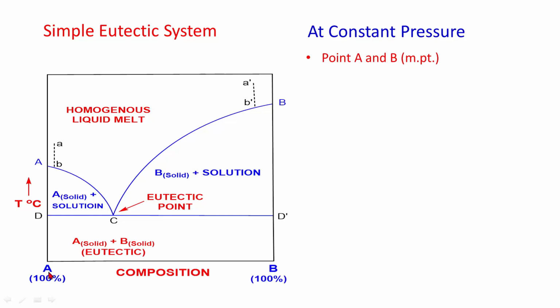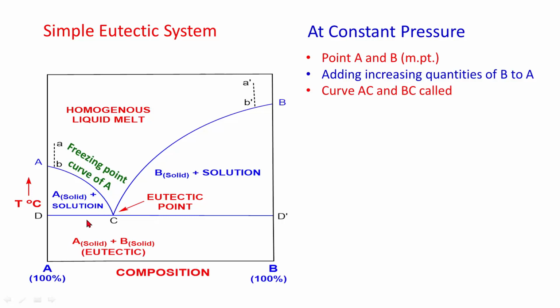Pure component A, if we heat, will melt at a certain temperature. Point A is the melting point of pure component A. Similarly, B is pure component and this point B is the melting point of pure component B. When we add increasing quantity of B to A, the melting point is decreasing.